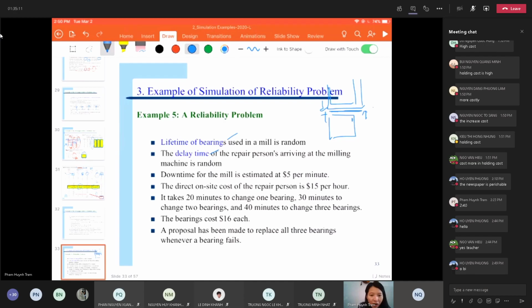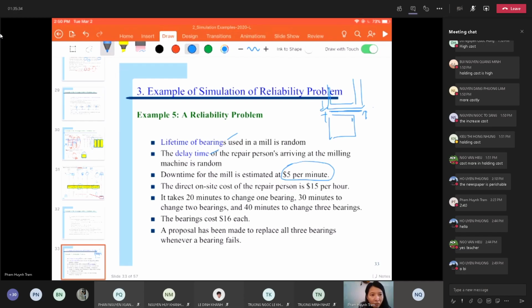Now we have certain information related to the cost of the downtime. When we do the replacing, we have to stop the machine, so it's considered downtime. The cost for the downtime is estimated at about $5 per minute.